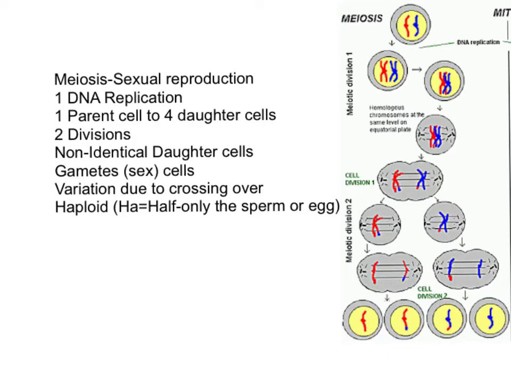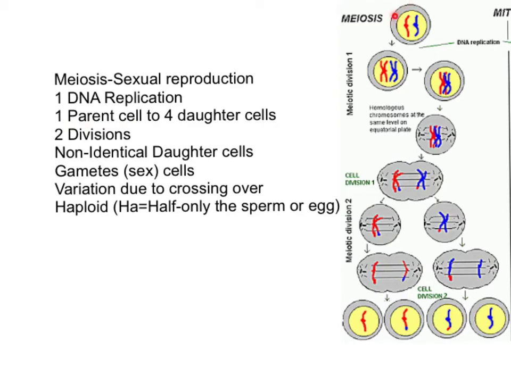So when we review meiosis and compare it to mitosis, meiosis is a type of sexual reproduction. It undergoes one DNA replication, just like mitosis. Now, this plays an essential role. Since I'm only replicating once, but I am dividing twice, that is why my DNA comes out as 23 chromosomes instead of 46, like in mitosis.